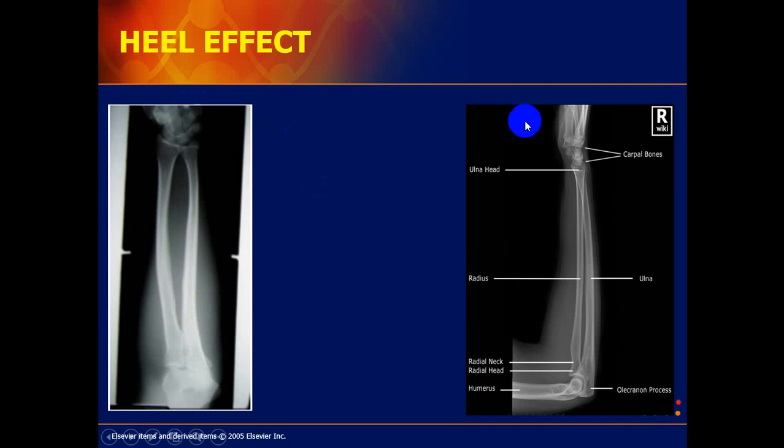So, that's the remedy. Or you can use compensating filters. Hindi kagaya dito. So, pareho lang ang density. So, dito, tama lang ang pag-focus ng anode and cathode.